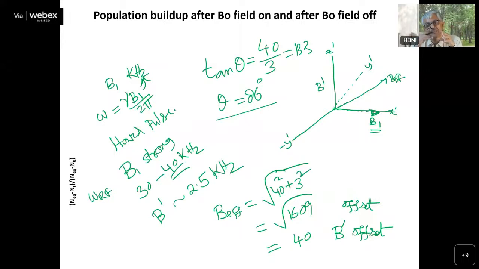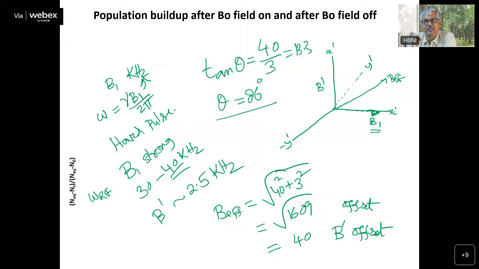The main problem is that you still get the spectrum, there will not be any problem, but the relative population of them will be different. That means you cannot integrate the spectrum. You cannot compare the groups of protons unless all of them come very close to x prime. That was the only thing.